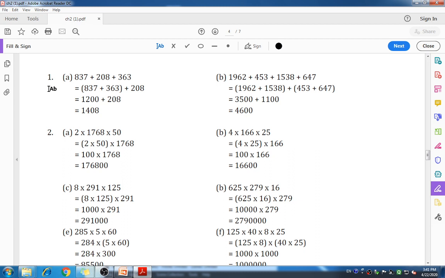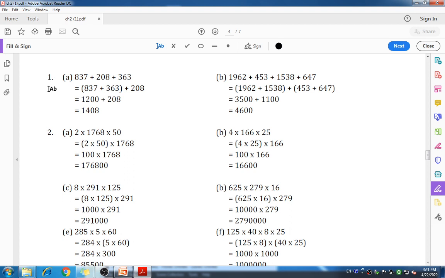So we will make a group of 837 plus 363. We write it in a bracket, and outside the bracket I wrote 208. As per our BODMAS rule we have to solve the bracket first. So 837 plus 363 is 1200, and if I add 208 to that, I get the answer 1408. I hope it is easy for you.